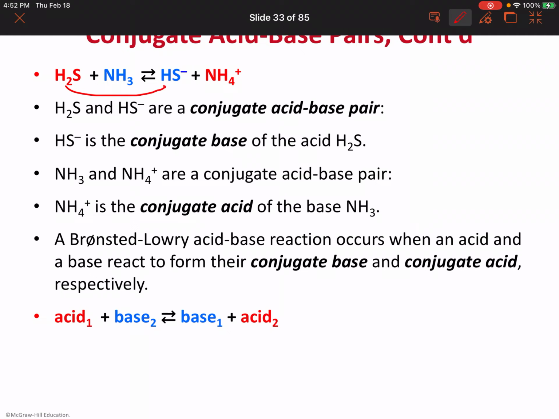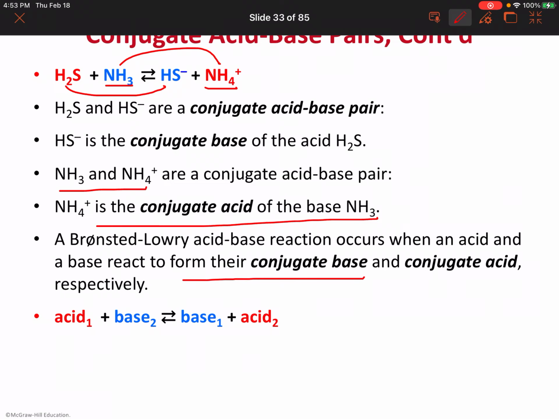Now in the case of ammonia and the NH4 plus ion, they are the conjugate acid-base pairs. Ammonia is the base. The conjugate acid is the ammonium ion. The ammonium ion is the conjugate acid of the base ammonia. A Bronsted-Lowry acid-base reaction occurs when an acid and a base react to form their conjugate base and conjugate acid respectively.